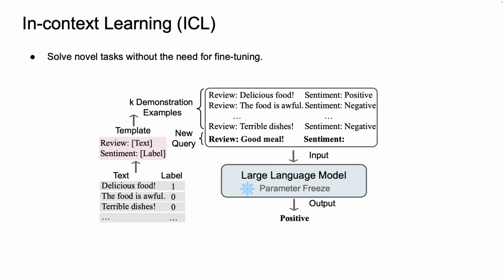To be more specific, for in-context learning we provide several examples as example-annotation pairs, and then we also put in the query sample. After the query sample goes through the LLM, it is able to give the answer even if the LLM was not fine-tuned or pre-trained for that specific task.